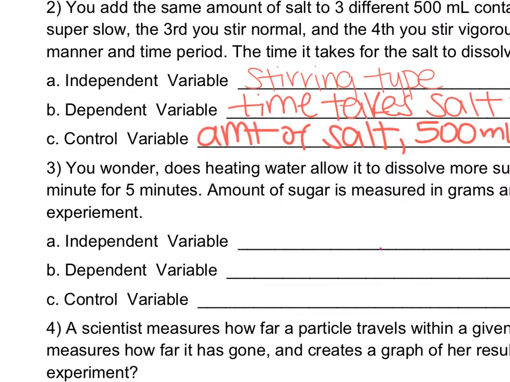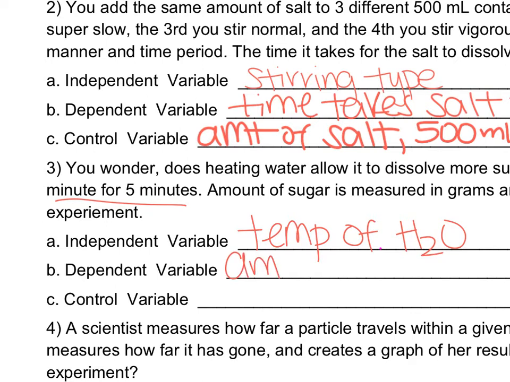So our independent variable is the temperature of the water. That temperature is going to continue to increase over the period of 5 minutes, right? Because we're going to allow it to keep heating up, get hotter and hotter and hotter. The dependent variable, which we are going to be measuring, is going to be the amount of sugar left.